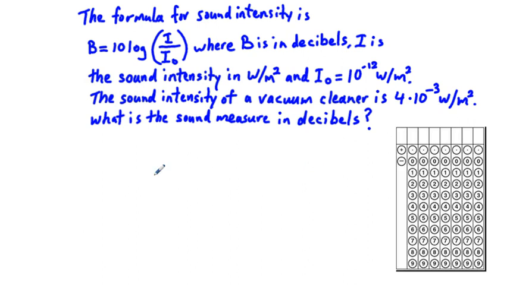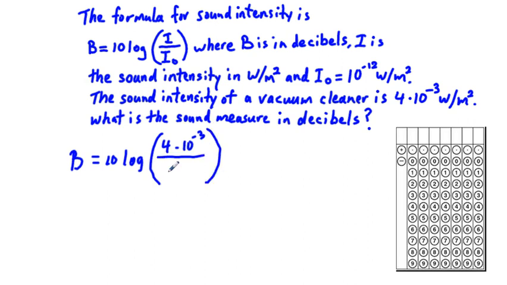Well, our sound measure in decibels is going to be 10 log I, and I is 4 times 10 to the negative 3 watts per meter squared. We're going to divide that by 10 to the negative 12 watts per meter squared. So really it's just a matter of putting this in the calculator.